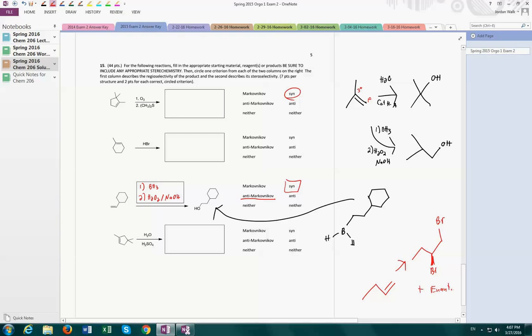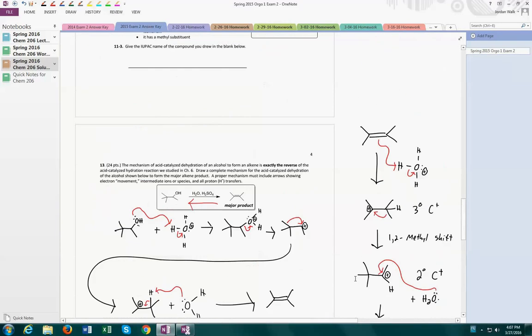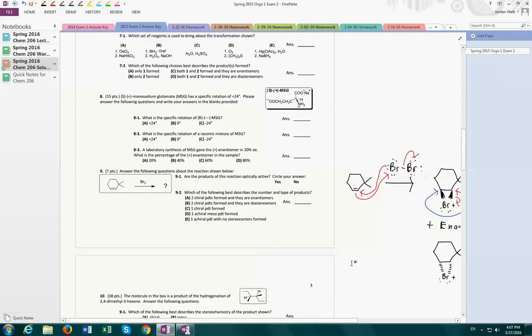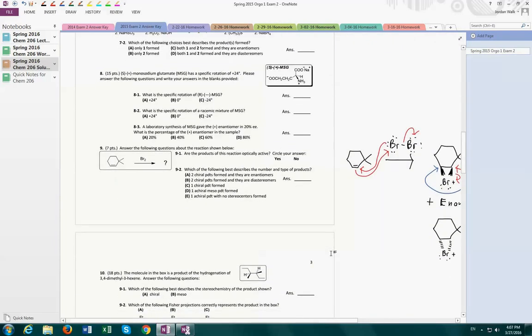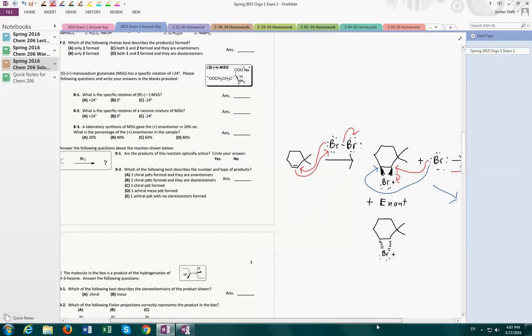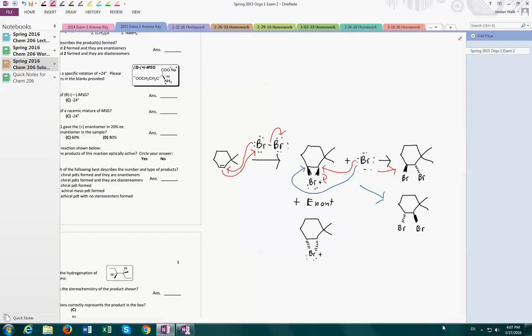Shadi. Can we do number 9 and go over why it's not optically active? Yeah, so in this case, it's a little tricky, right? Because on the right side, I've shown that we can end up with those 2 products, on the far right.